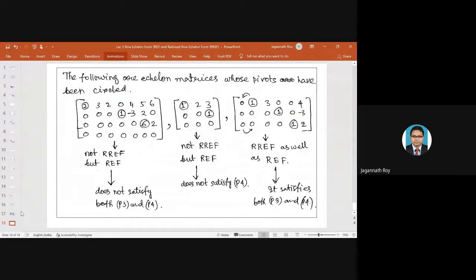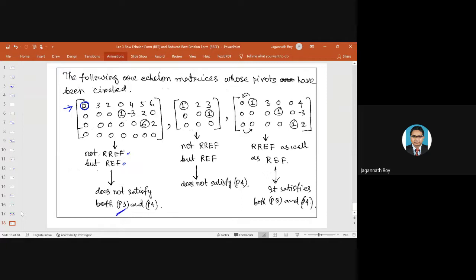So, for example, if you want to verify which one is RREF and which one is REF, you can check. If you think about this first example, the first leading entry is 2. So it is not satisfying P3.